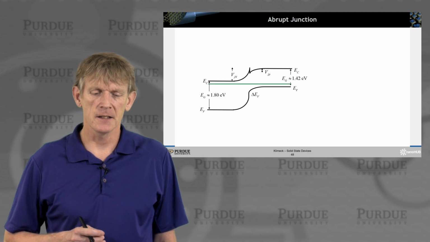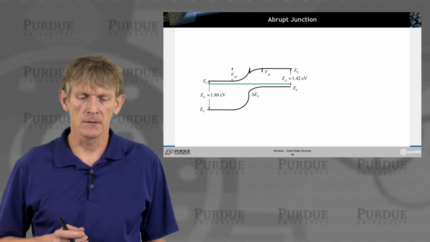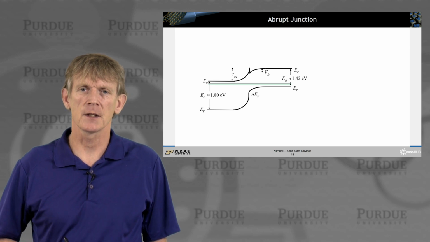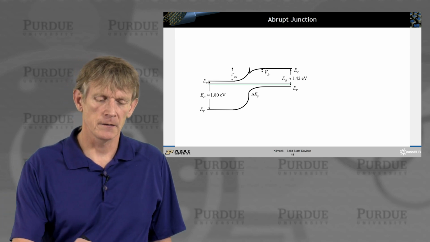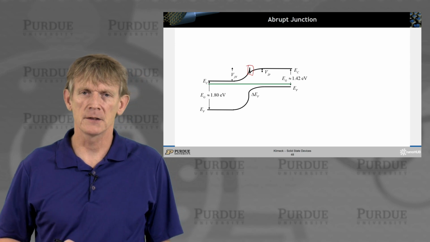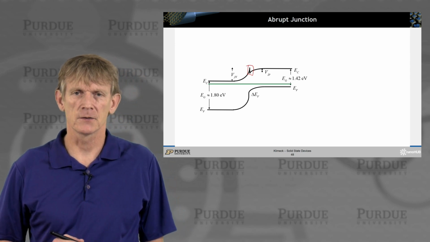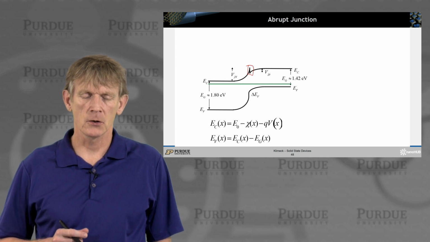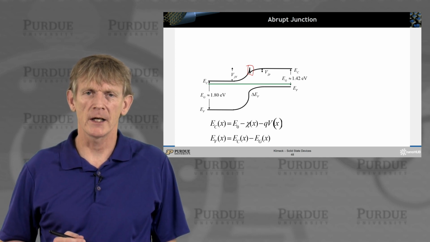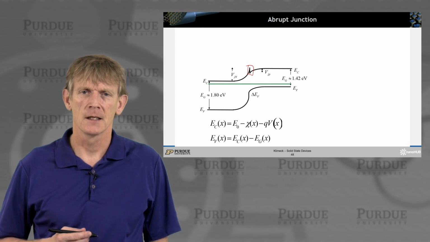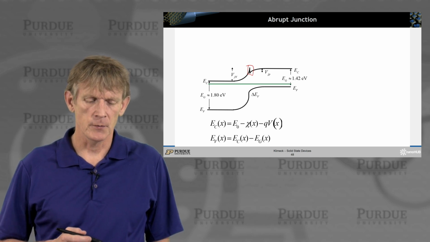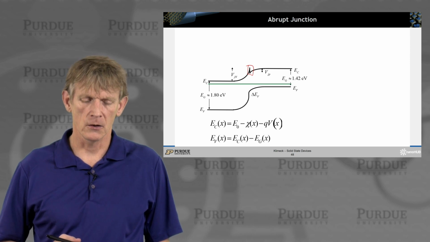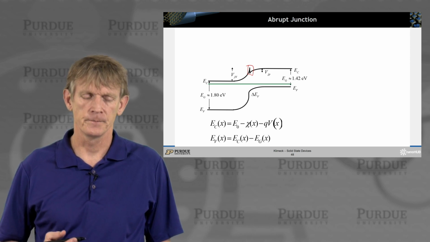So the idea here is to start from a material where we can convert this abrupt junction into something that gets rid of the spike. So here it looks a little bit different, but this is just given a certain bias condition, etc. Let's look at it this way. We can write down the conduction band edge as some E0 and the difference in the electron affinity along X and the built-in potential.